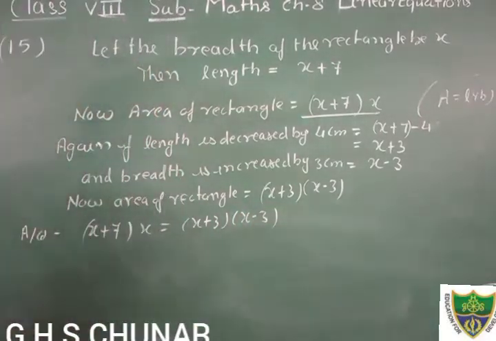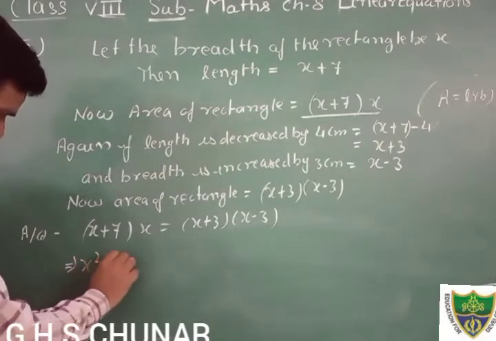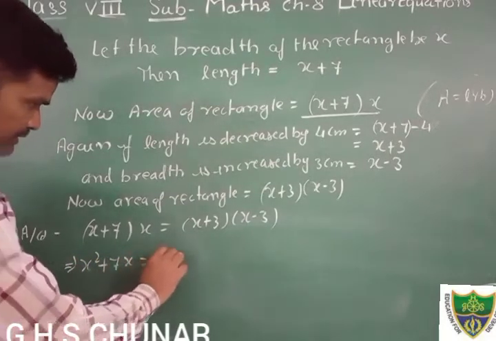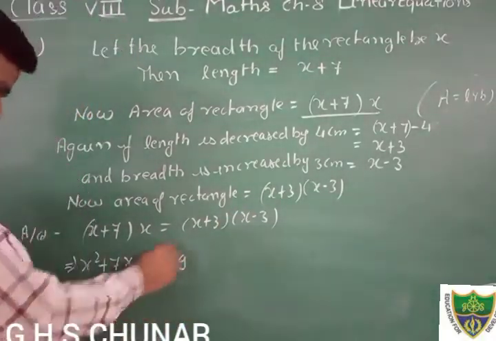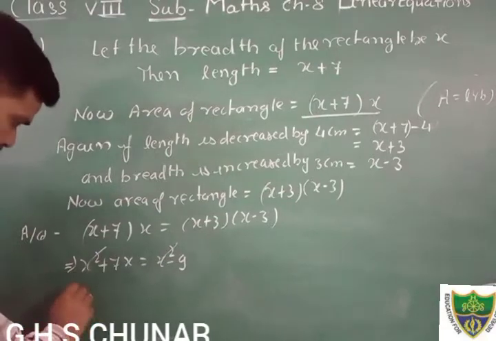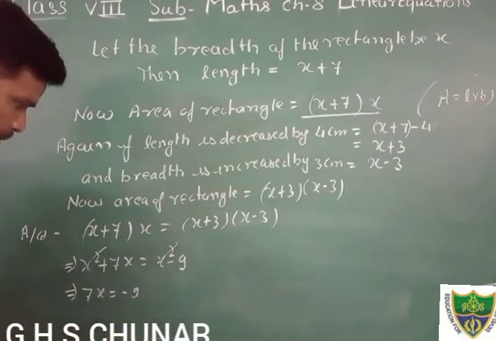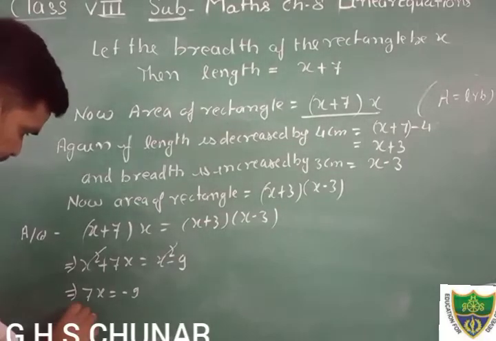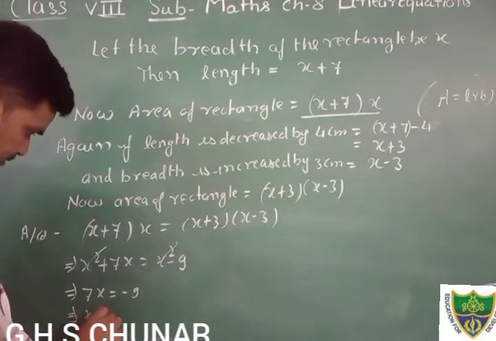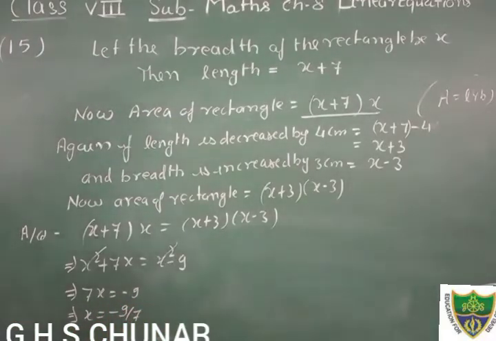Now we solve this. That will give x square plus 7x equals x square minus 9. Here x square is cancelled by x square. That means 7x is equal to minus 9. Then this implies x is equal to minus 9 upon 7.